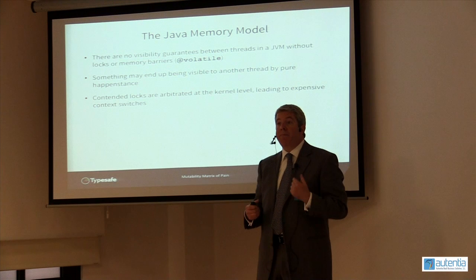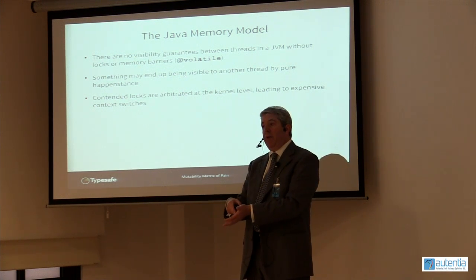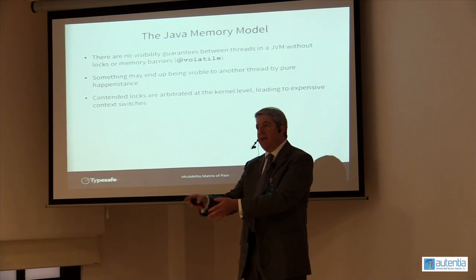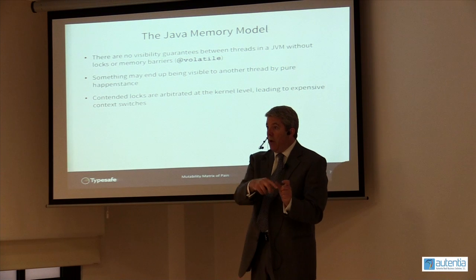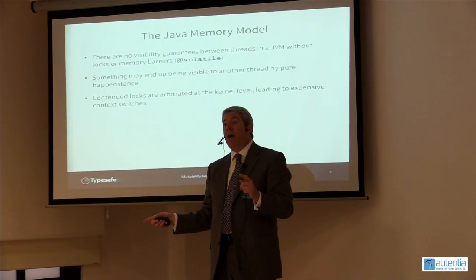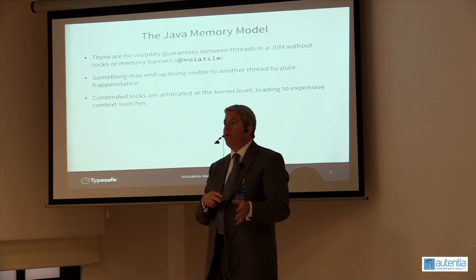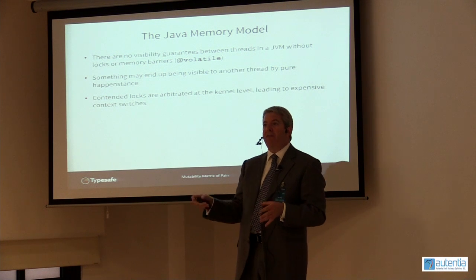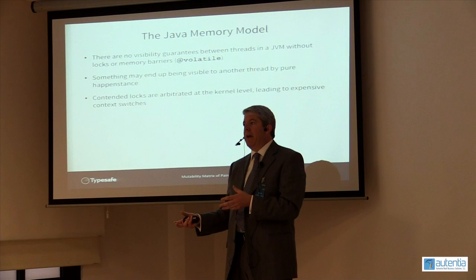So if I update a value on my thread, it's on that cache line. But there's also another variable on that cache line from another thread. The cores have to figure out who's got the right to update what and when. And they do this through a protocol called MESI plus F: modified, exclusive, shared, and invalid, right?